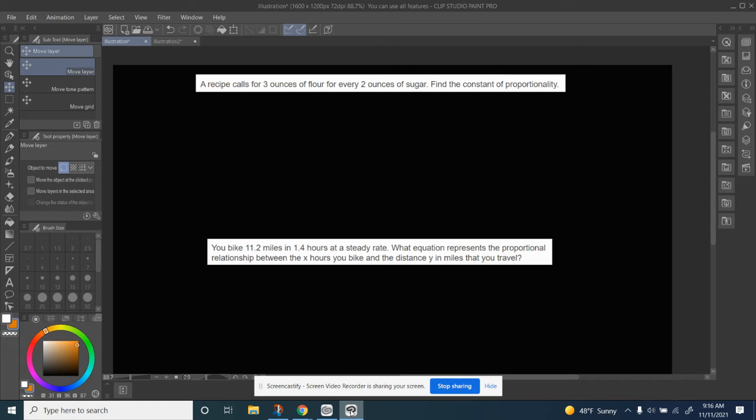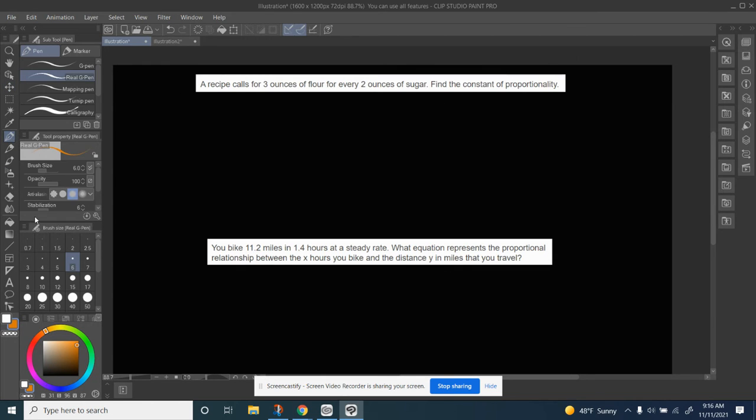All right, so just a little bit more review with finding and comparing constants of proportionality. The first problem we have here is that a recipe is calling for 3 ounces of flour for every 2 ounces of sugar, and we want to find this constant of proportionality. For this type of problem, it's probably more advantageous to understand it as a ratio.